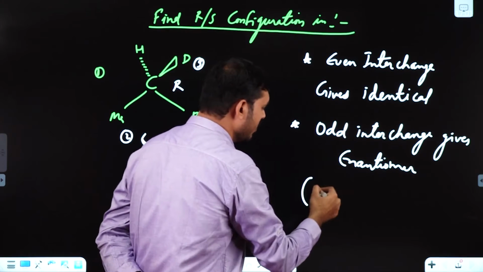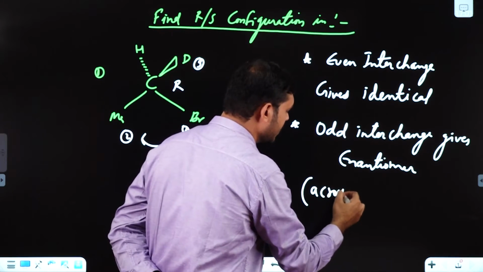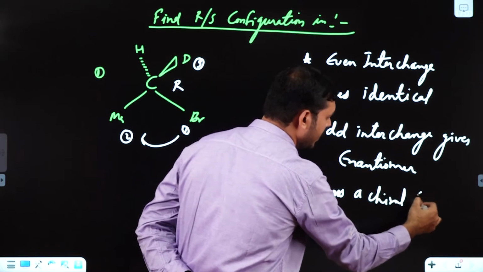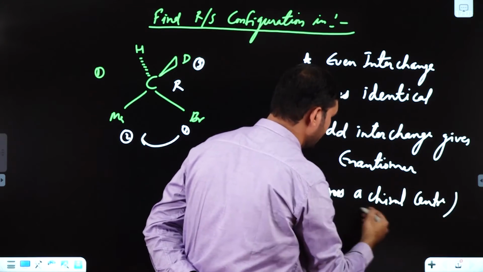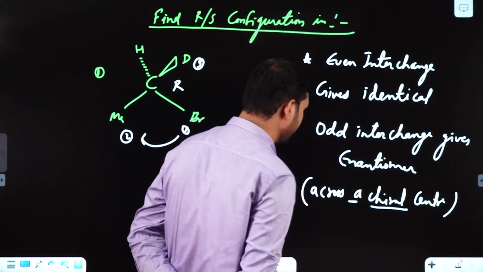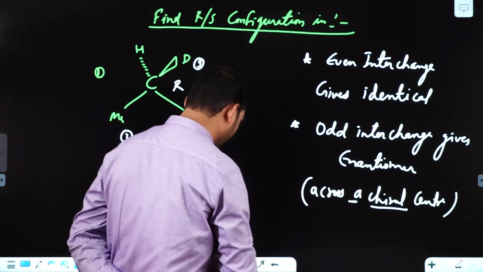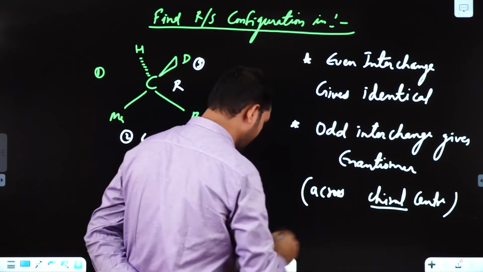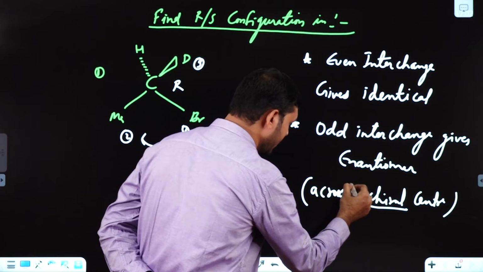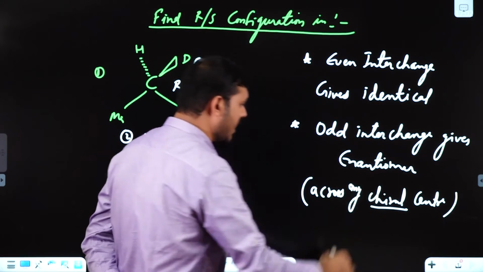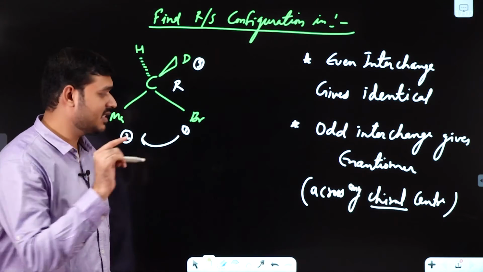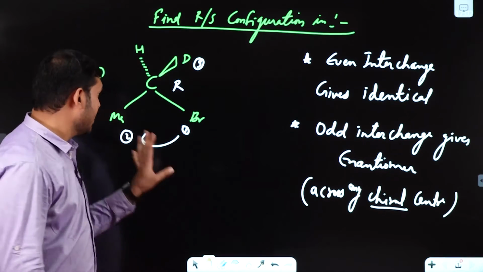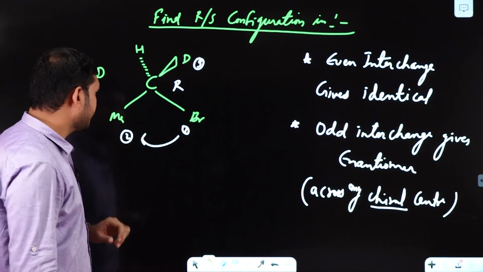Now these two are based on across a chiral center. You had better say across any chiral center. Okay, and that is not a chiral, that is a chiral, any chiral center. Clear? Now let's see this one.